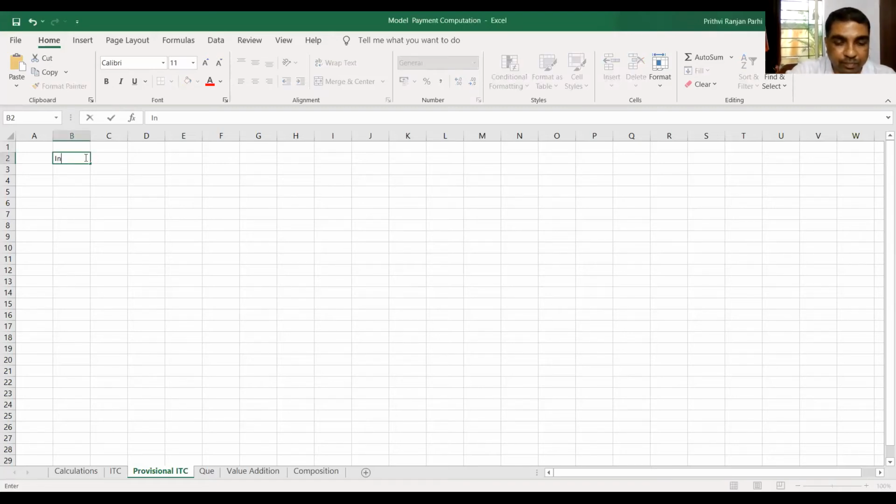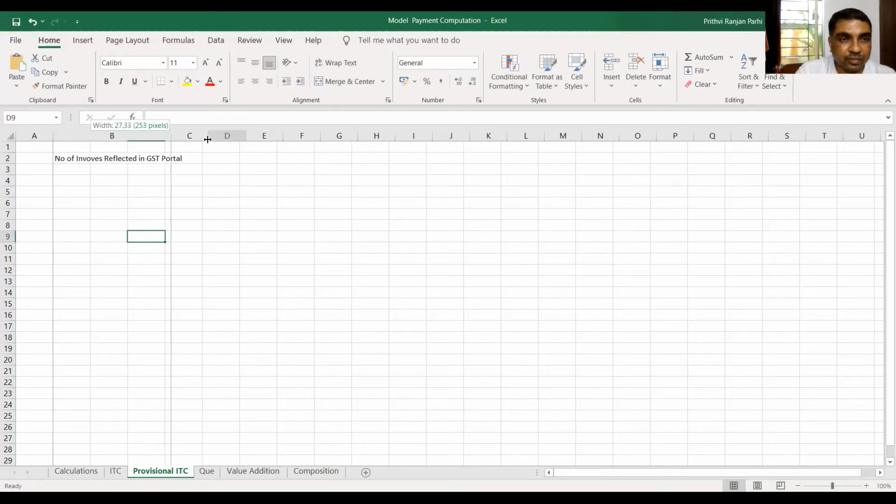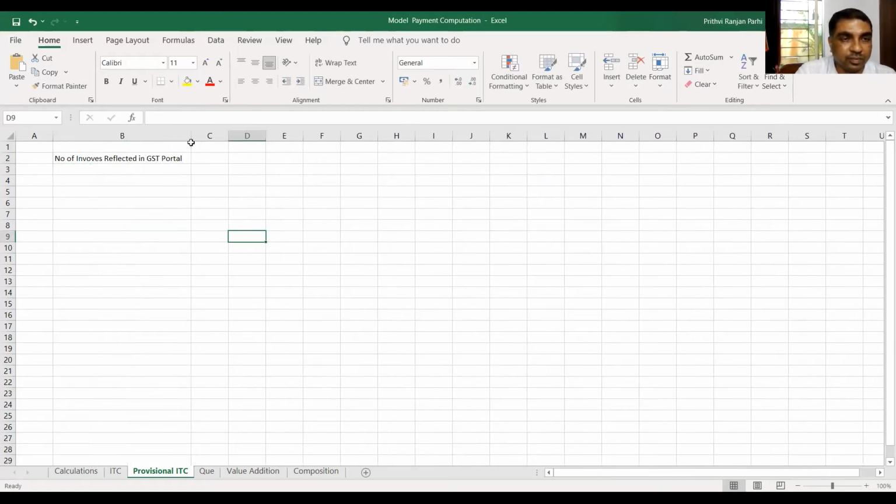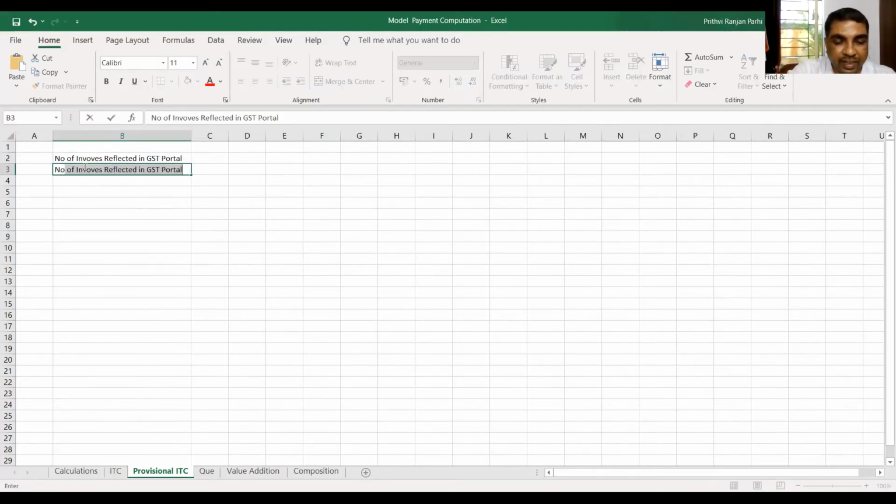I'm opening a column: number of invoices reflected in GST portal. Then I write number of invoices.